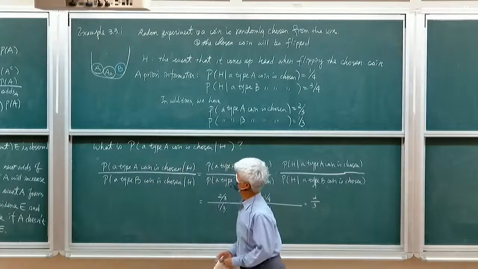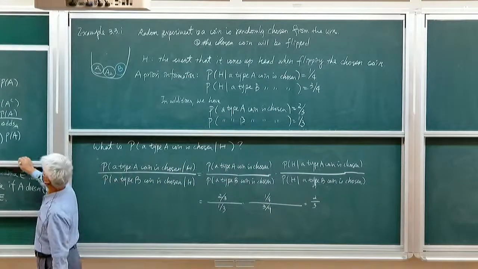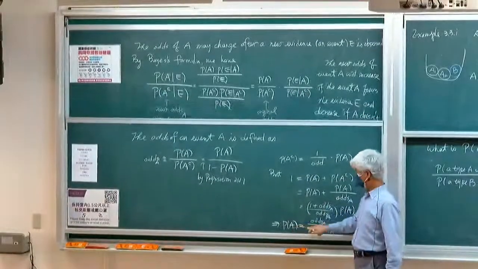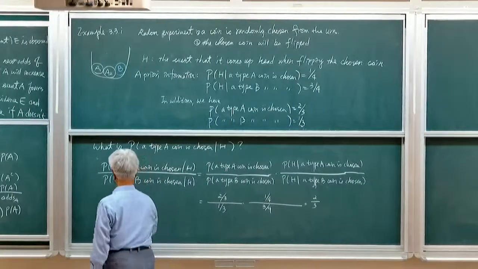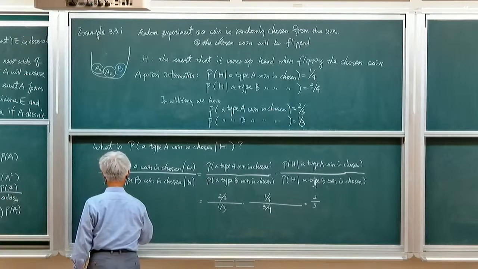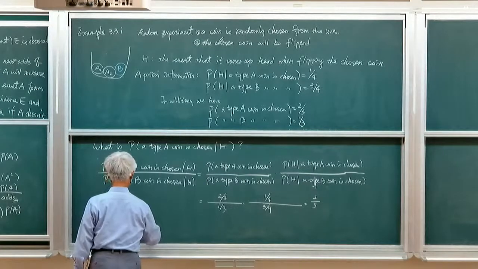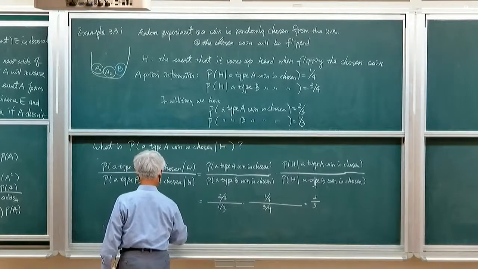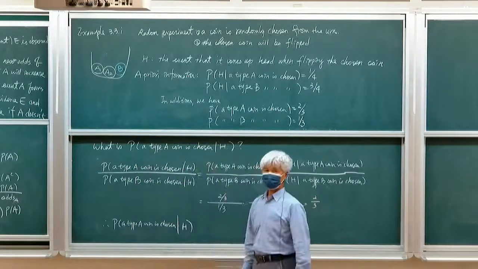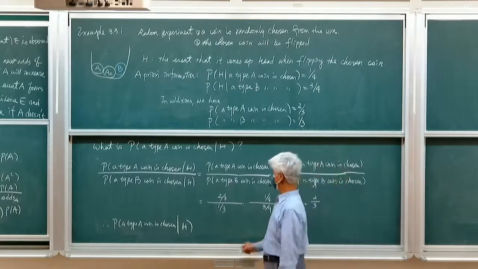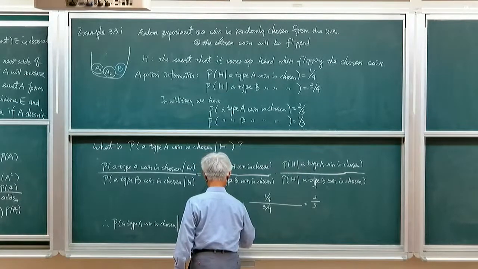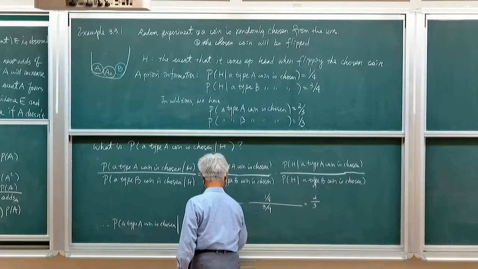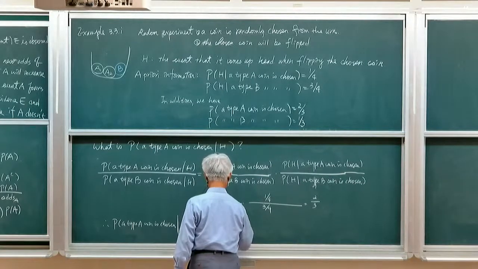Okay, so this is the new odds. So we have that. And remember, we can compute the probability of the event by using the odds. So the conditional probability that a type A coin is chosen given the evidence H is the new odds over 1 plus the new odds.